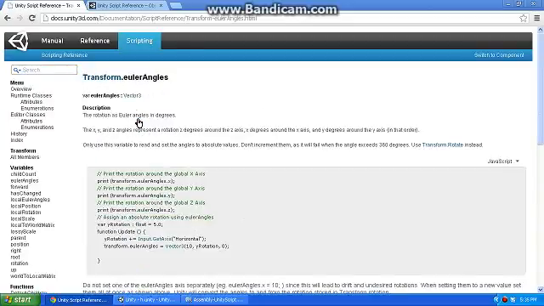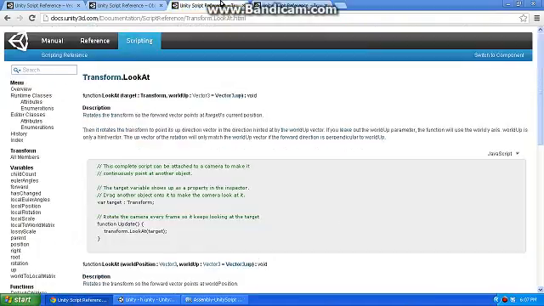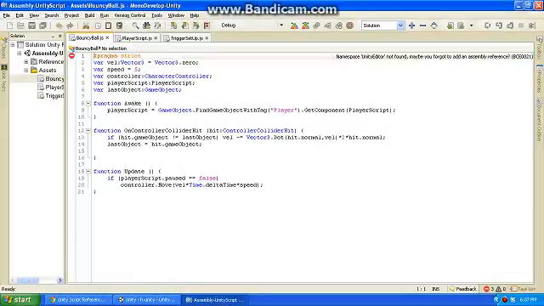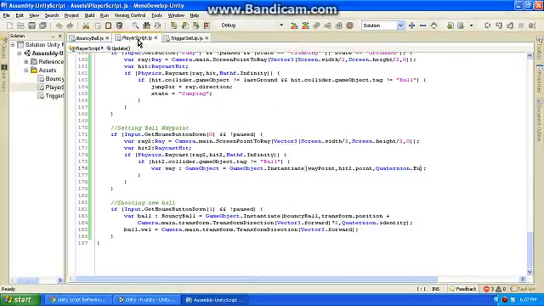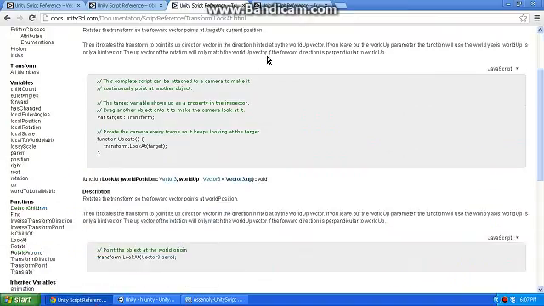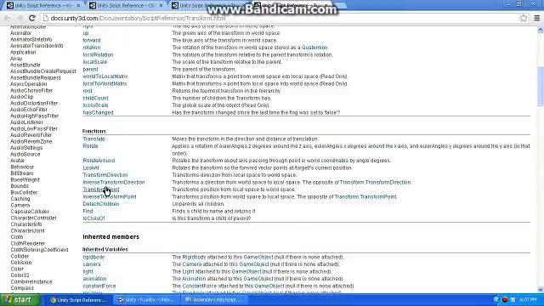Actually, hang on. Alright, so I think I figured it out. I'm just going to use quaternion.identity, but then after I spawn it in, I'm going to use the transform.LookAt, and in addition, I'm going to use the transform direction.